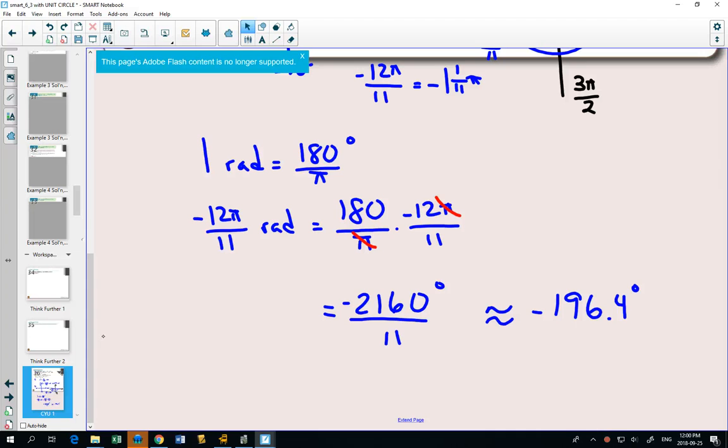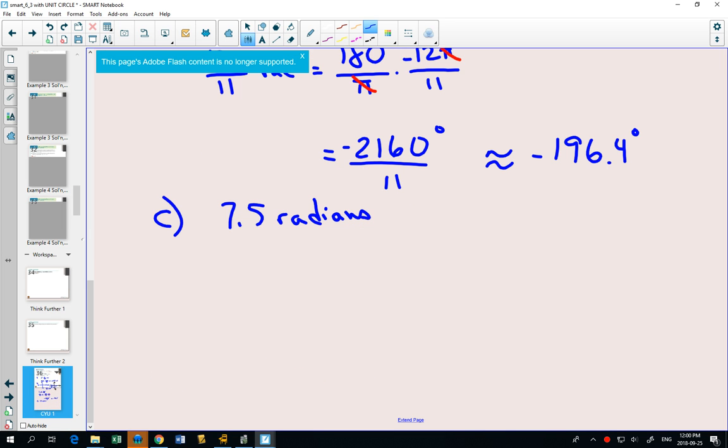So for part C, we want to convert 7.5 radians. Well, we know that 1 radian is equal to 180 over pi degrees.